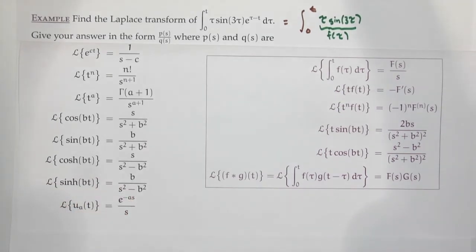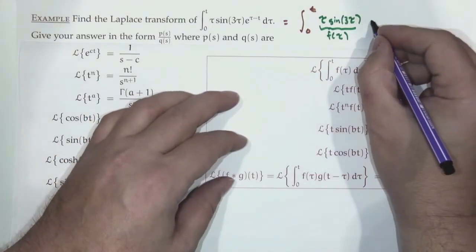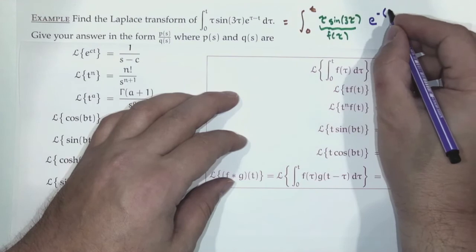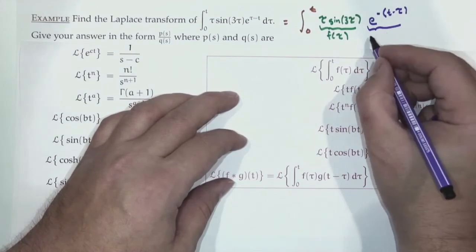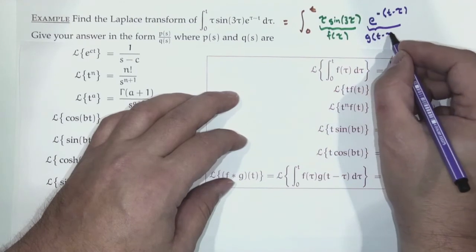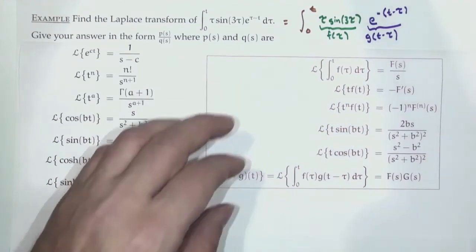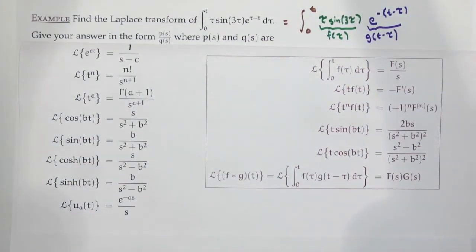Is there something we can do to make tau minus t look like t minus tau? A negative. So this is e to the minus (t minus tau). So here's our g of t minus tau. All right, so far so good?